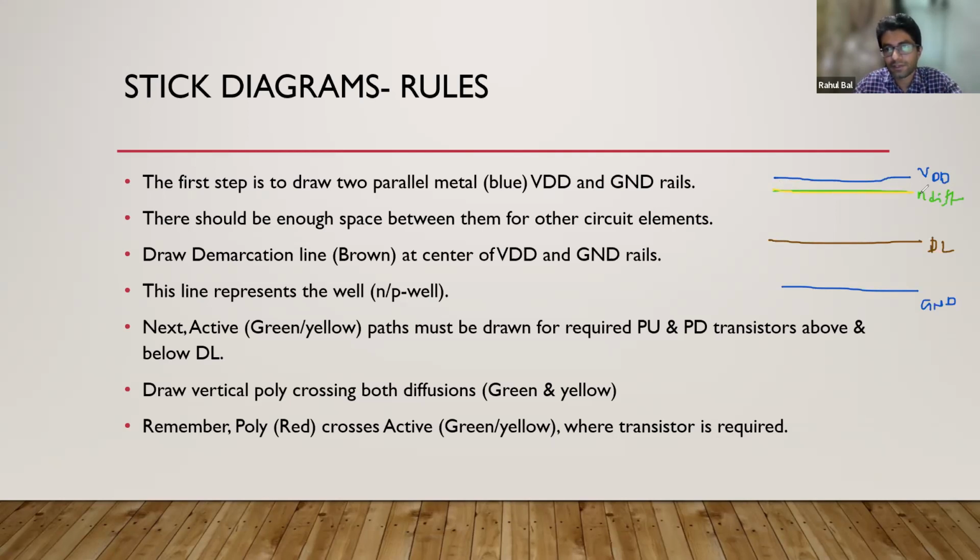This is N diffusion, yellow color, and green color. So this is the diffusion layer, and then a red color line indicating the polysilicon will be crossing these diffusion lines. So this red color line indicates the polysilicon.